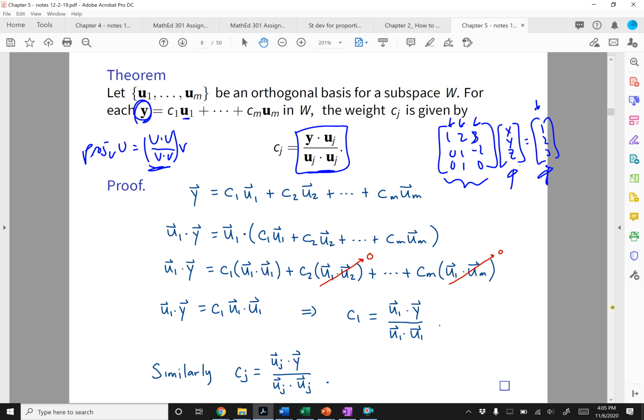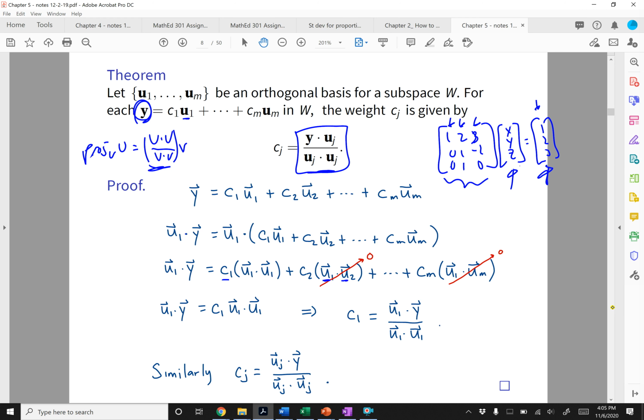If you want to find out what c1 is, then you do the dot product of u1 on both sides. And because u1 is orthogonal to all of the other vectors, the dot products are going to be 0. So you just end up with c1 times u1 dot u1, and you can divide by that.